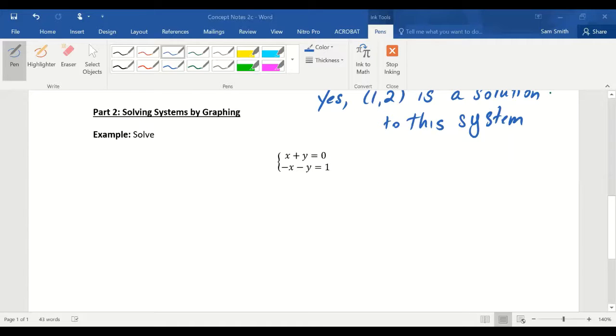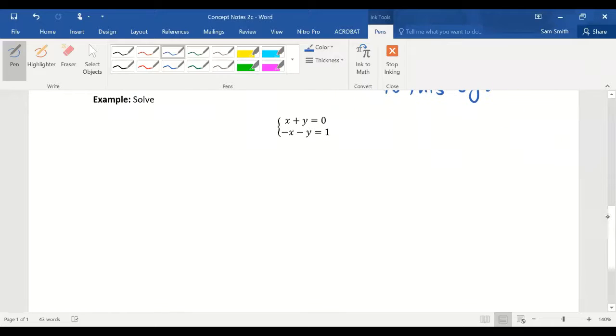But in my class, you're going to encounter some slightly bizarre systems, where method of substitution and method of elimination might yield some unusual results. And so I'd like to talk about a different method that can help you to make sense of situations that may seem unusual.